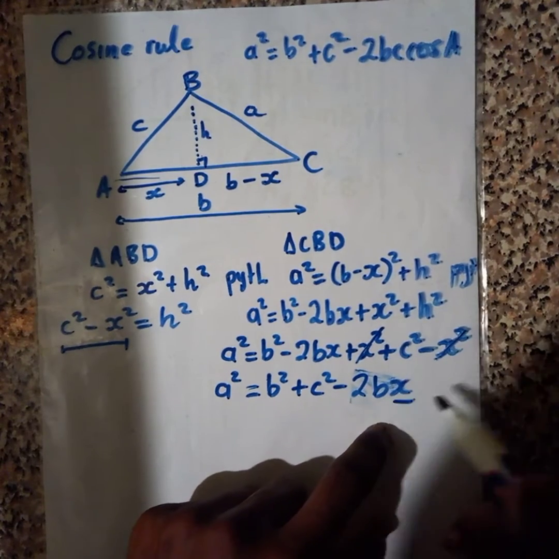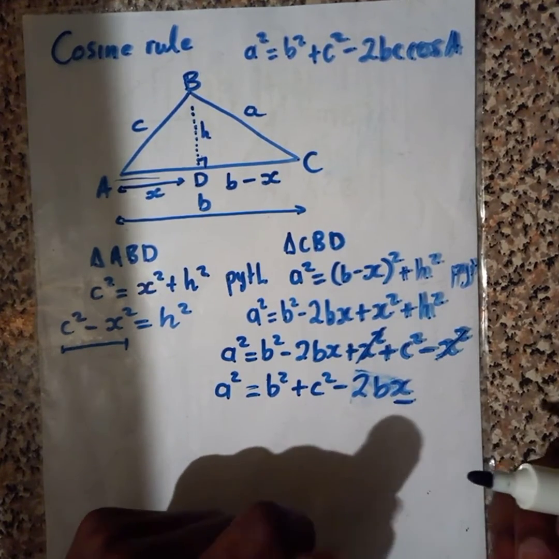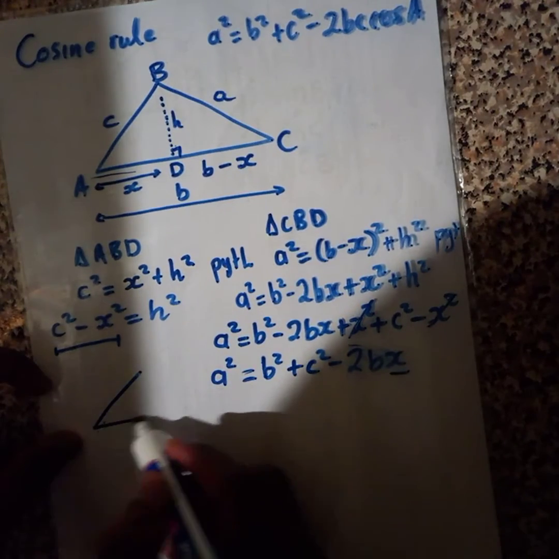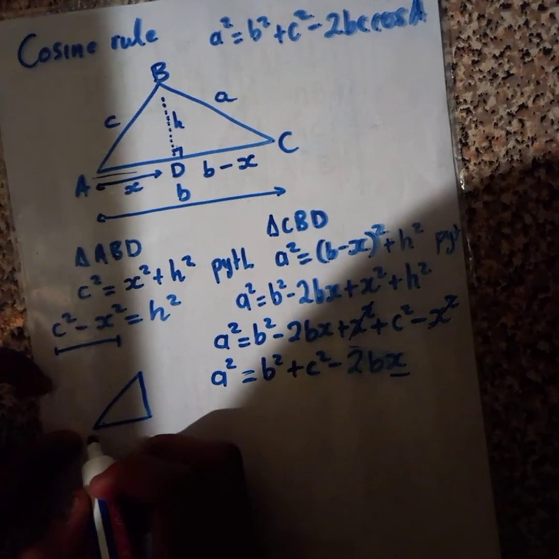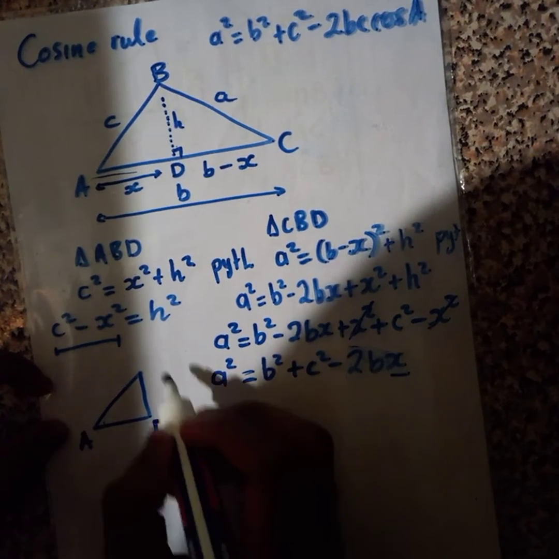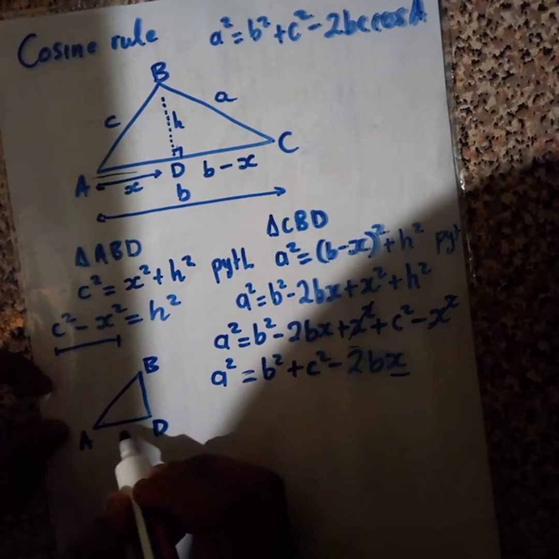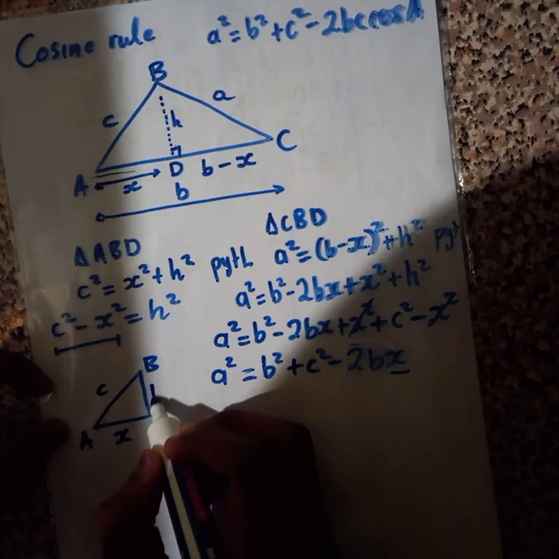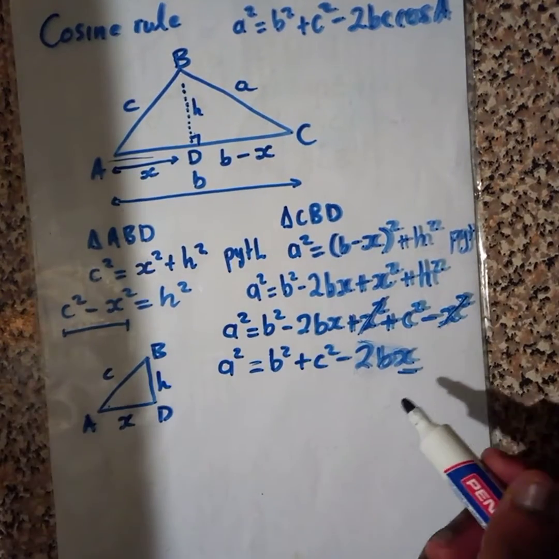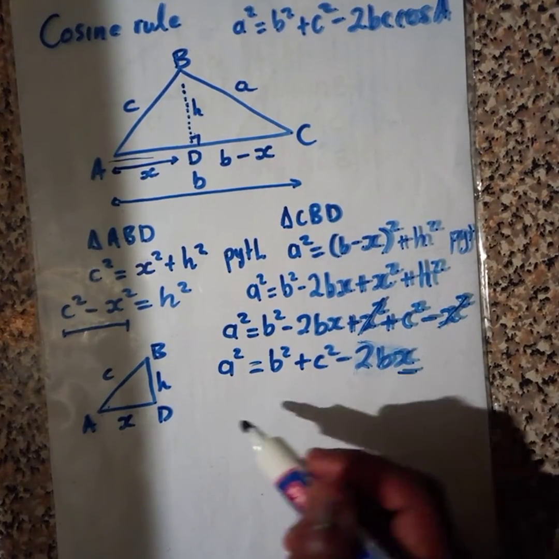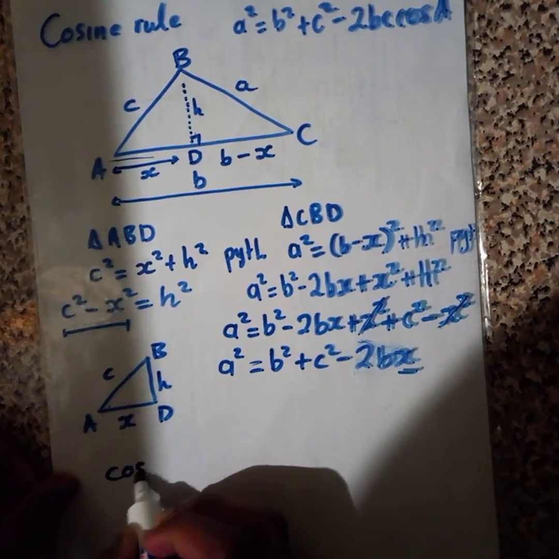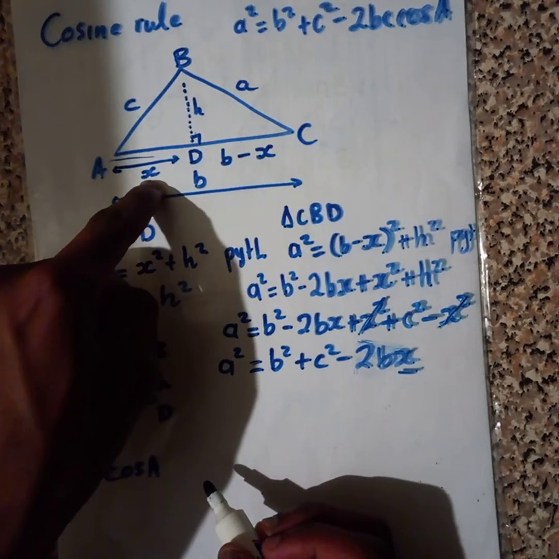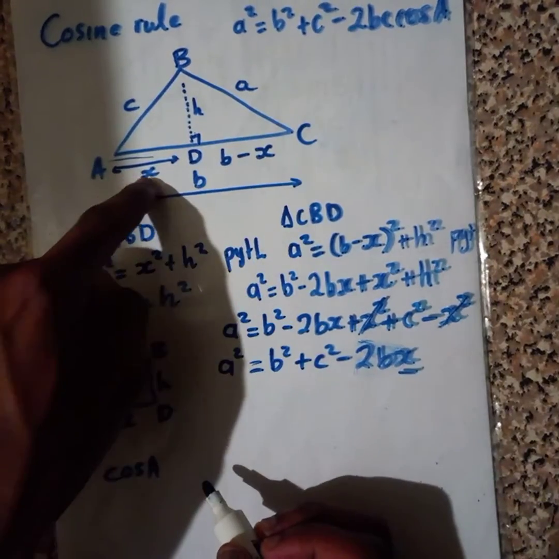We need to get rid of this x. For us to get rid of this x, we are going to take this triangle ABD. Remember, we have x here, then c somewhere there with h there. We are going to take the cos of A. When we take the cos of A for this one, ABD, you see this x, not this one, but this one.